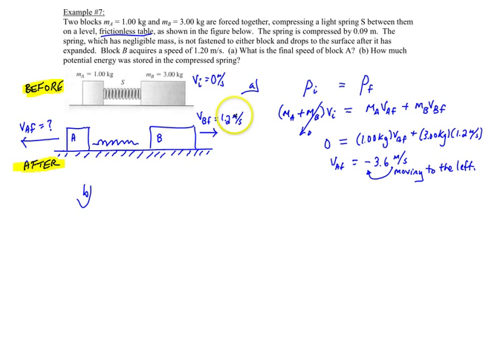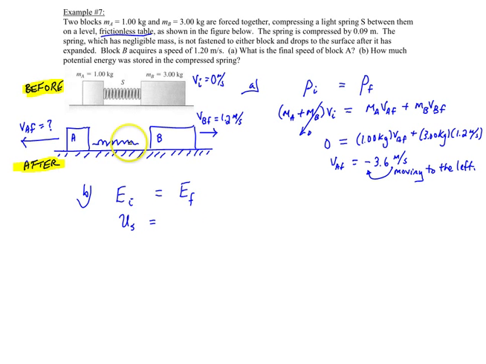Hopefully you realize that these two blocks are moving away with energy, kinetic energy. And where did it come from? Well, it came from the stored energy in the spring. So by conservation of energy, the energy initially is spring potential energy. So I'll write US for spring potential energy.